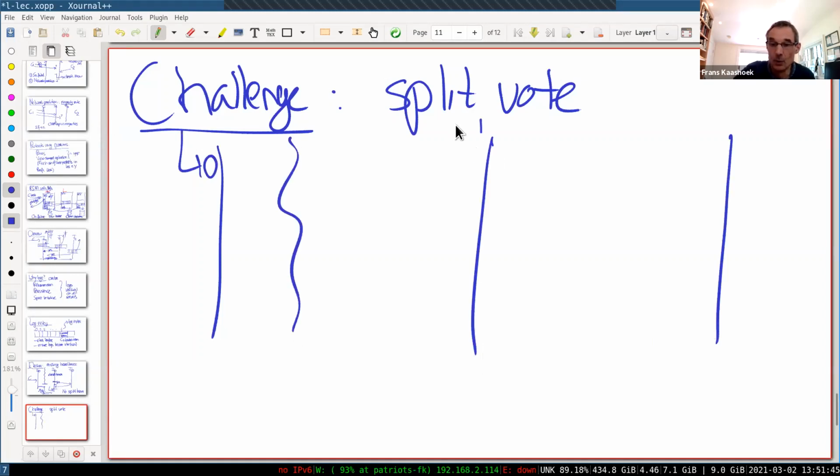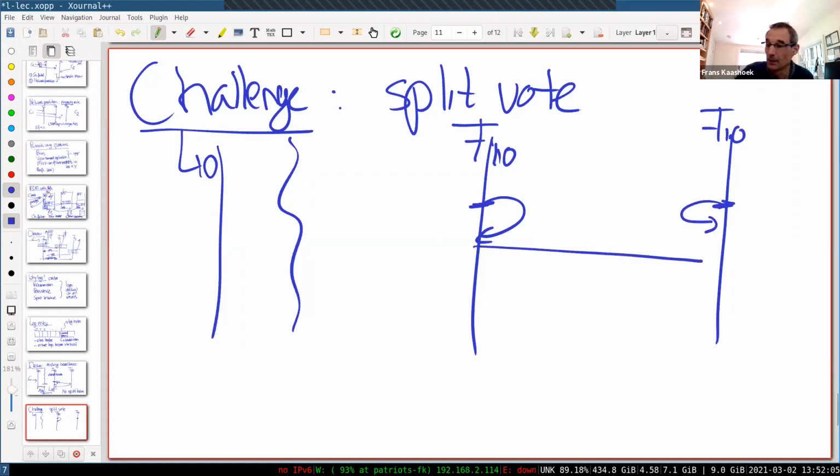Here are our two followers in 10. And if we're not careful, maybe they will actually start elections very close to each other. And so the first follower votes for itself. The second follower votes for itself. Then they send vote requests to each other.